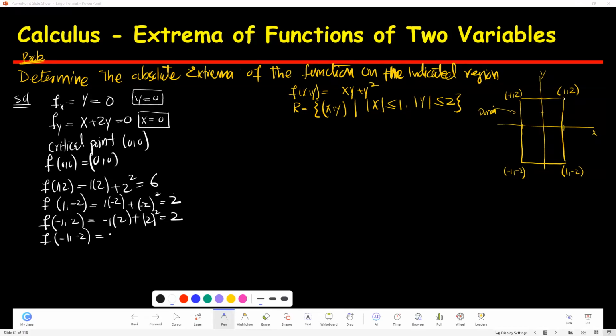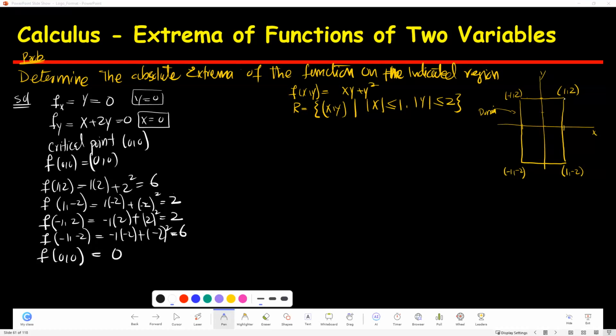It's going to be minus 1 times minus 2, plus minus 2 squared, and the answer would be 6. All right, I got all 4 corners done. Let me check f(0, 0). The answer is 0. So the value of the function at 0, 0 is 0. It just happened; it's a coincidence.